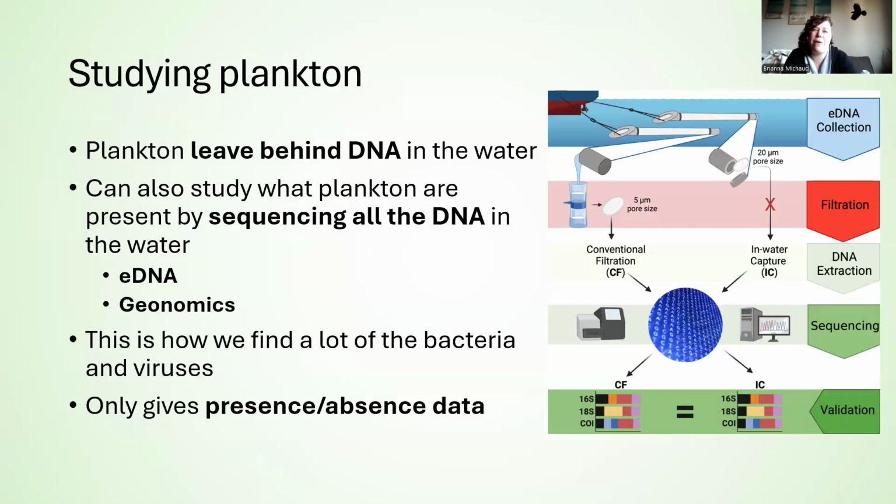However, there are some methods out there that try to get more quantitative with this, but typically it's mostly what we call presence-absence data. So for example, let's say you find Staphylococcus DNA in the water. All you know is that Staphylococcus is in this area close to when we took the sample, because DNA degrades pretty rapidly.